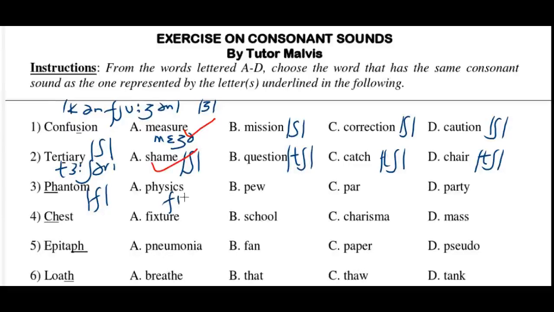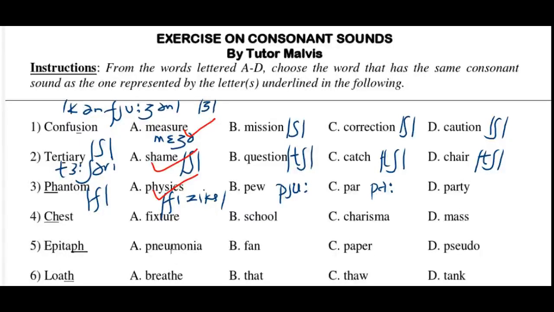The S in physics is pronounced as Z, this first S. Then here we have pew, pa, and party. So the only one that contains f is physics, and that is option A.